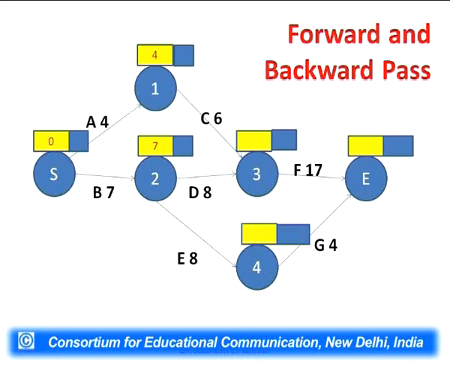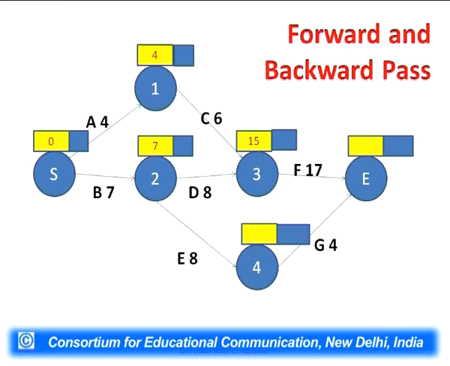Now the second milestone on the node number 2, activity B is completed, it will get completed after 7 days. So 7 has been mentioned in the milestone first cell, and similarly we will complete all the milestones.